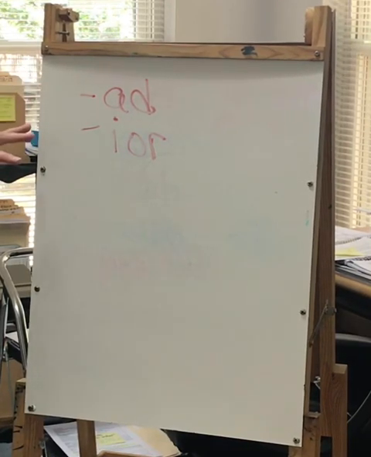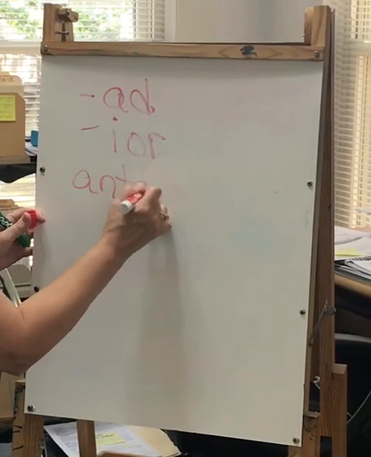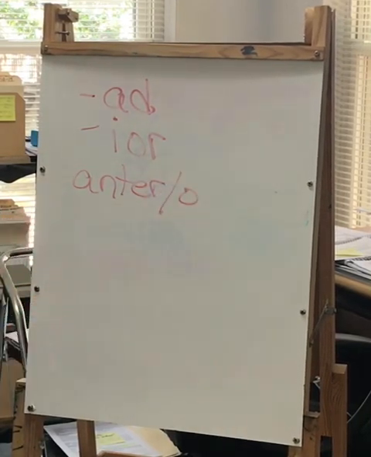Don't mix them up. Now, this is where I want to talk about whether you need a combining vowel when you make a term. So, going to the first word in this chapter, the first combining form was enter/o. Okay.